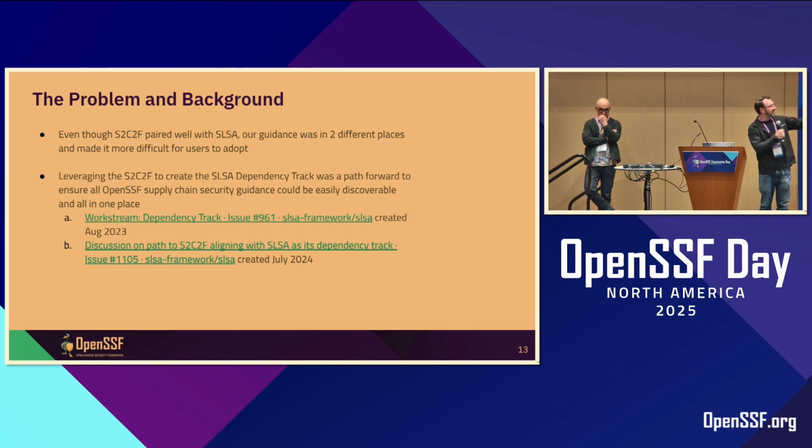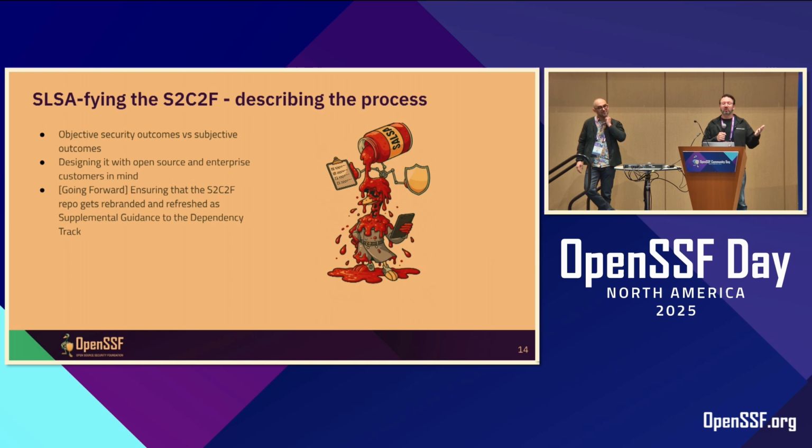And then later in 2024, like literally 1 year from today, we brought forward that we wanted the S2C2F to align with SLSA to become its dependency track. And that's why we had a fun process of salsifying the S2C2F.